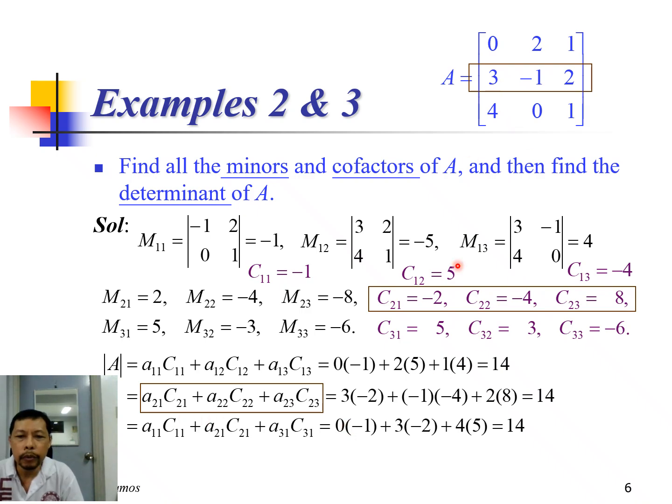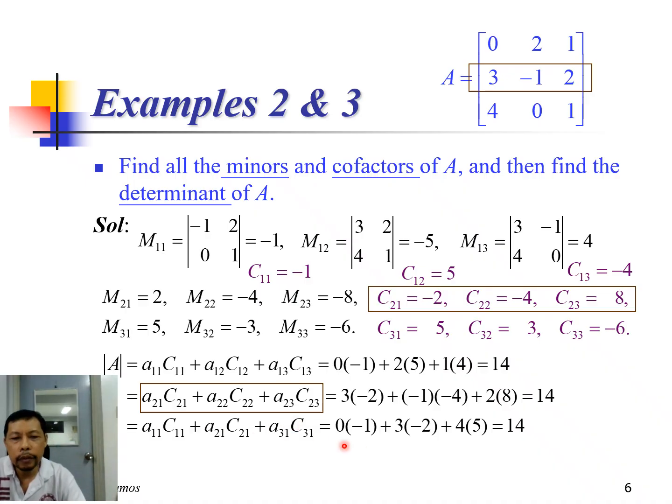A21 is equal to 3 times its cofactor C21, negative 2, plus A22, which is negative 1, times its cofactor C22, negative 4, plus A23, which is equal to 2, times its cofactor C23, that's equal to 8. And if we sum that, it will give us the same value as before.